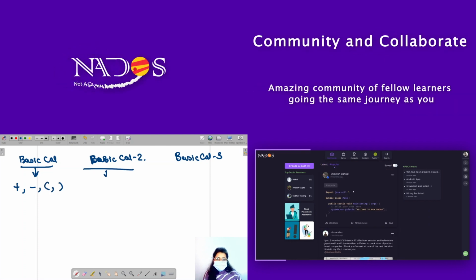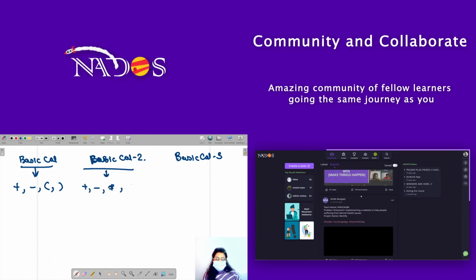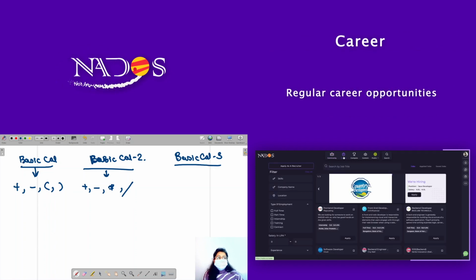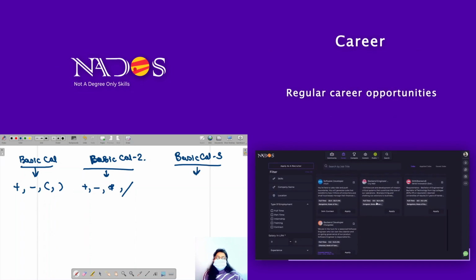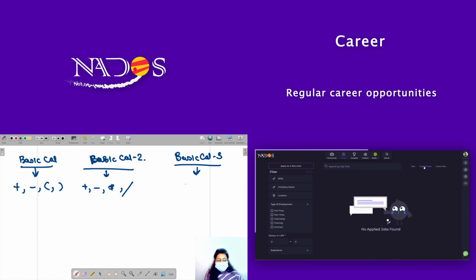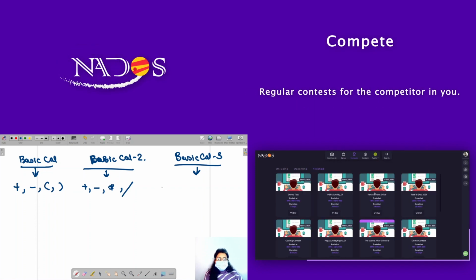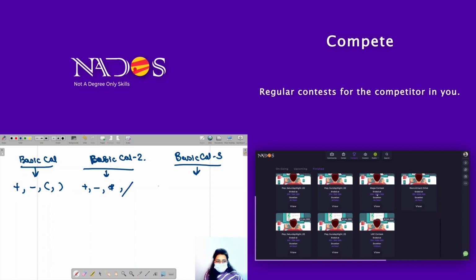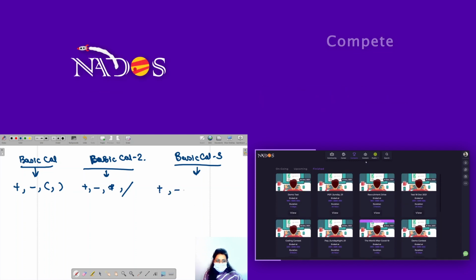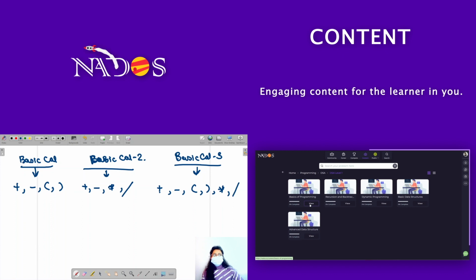For basic calculator 2, we had plus, minus, multiply, and divide operators, right? Basic calculator 3 is the mixed-up question of both, it has all the operators which were used in basic calculator and basic calculator 2. So the rules will be the same: plus, minus, opening, closing, multiply, divide, all operators are there, right?